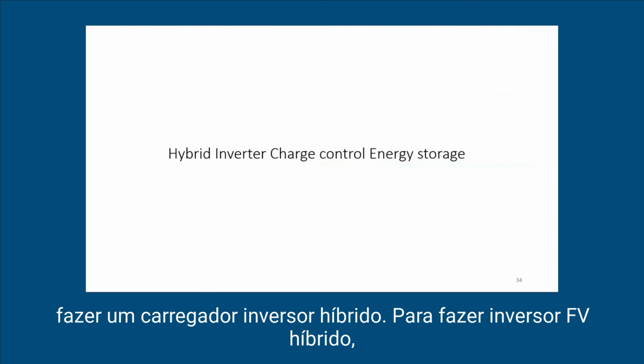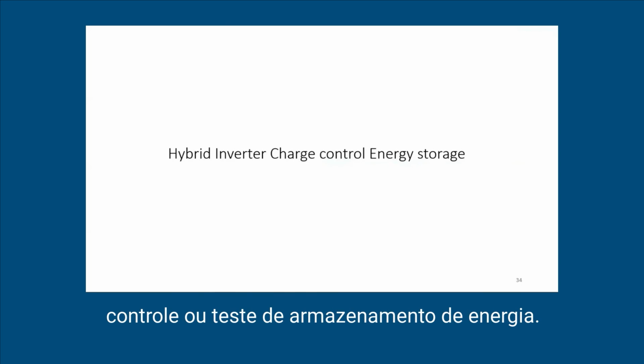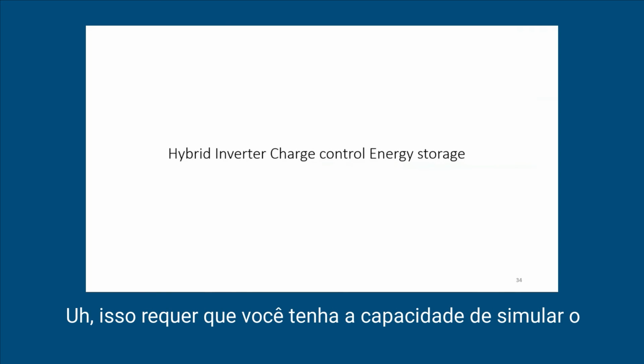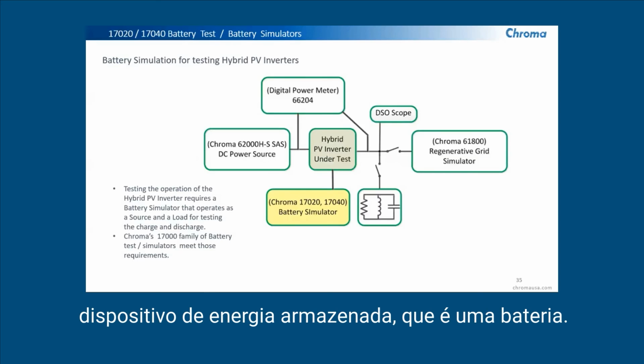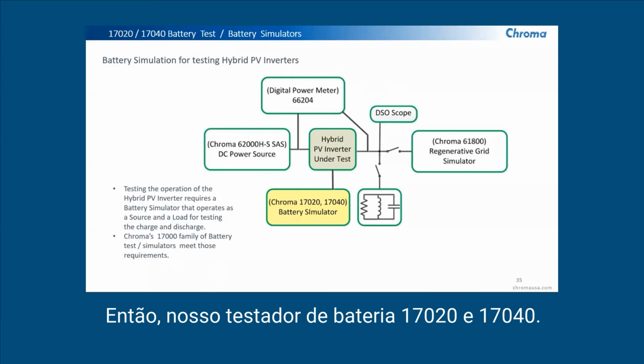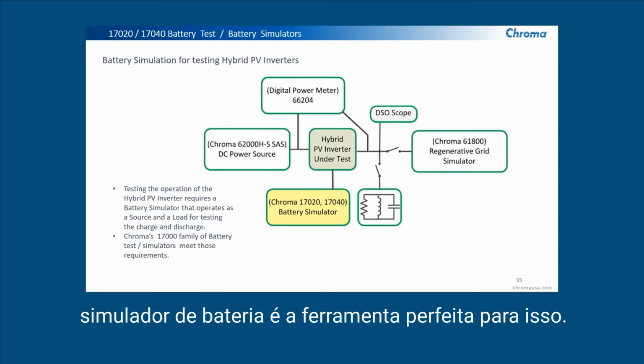To do a hybrid inverter charger, to do a hybrid PV inverter charge controller energy storage testing, it does require that you have the ability to simulate the stored energy device, such as a battery. So our 17020, 17040 battery tester, battery simulator is the perfect tool for that.